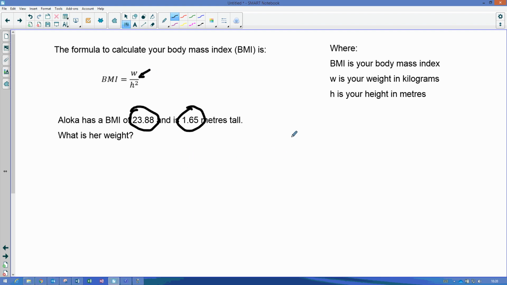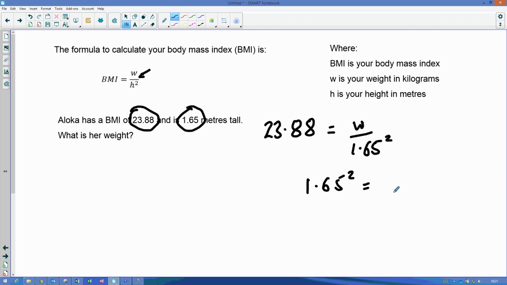So the first thing I'm going to do is just write out the formula replacing the letters I know with numbers. And when I do that, I get 23.88 equals W divided by 1.65, the height, squared. And 1.65 squared, remember squared is just 1.65 times 1.65.